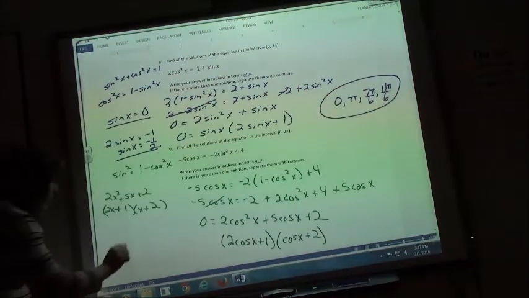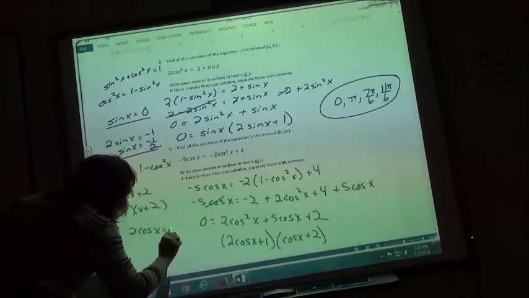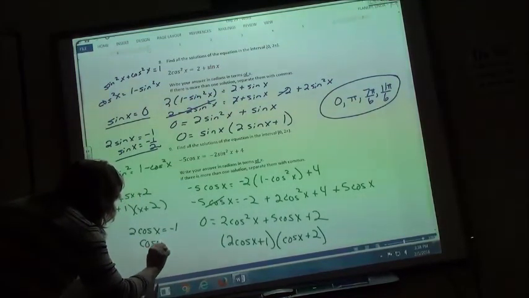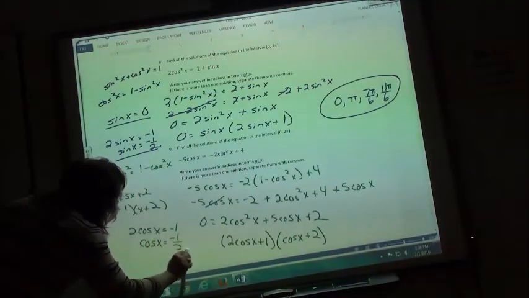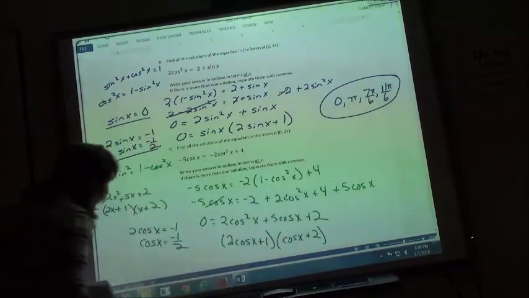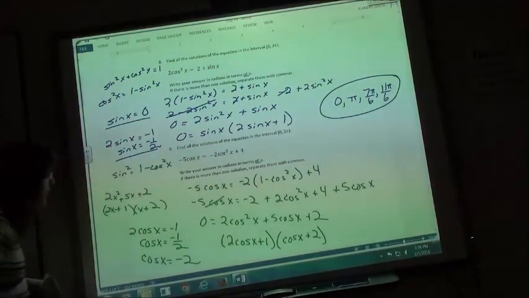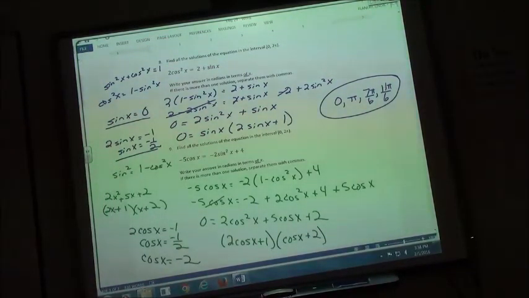So 2 cosine of x would equal minus 1. Cosine of x is going to equal negative 1/2. That's one of them I'm going to look up. And then over here, cosine of x would equal negative 2. So I'm going to look up where the cosine of x equals negative 1/2 and negative 2.